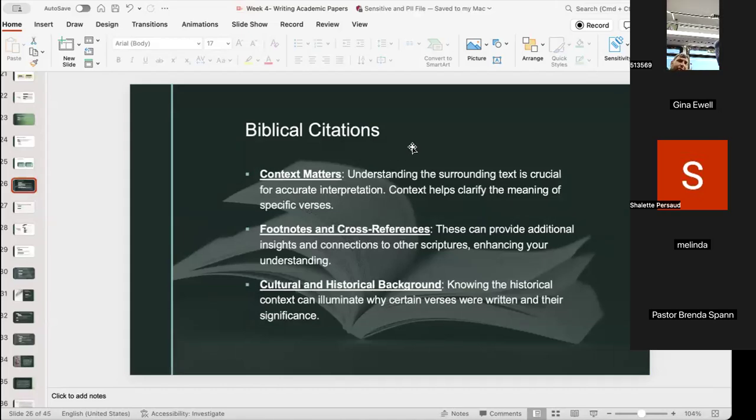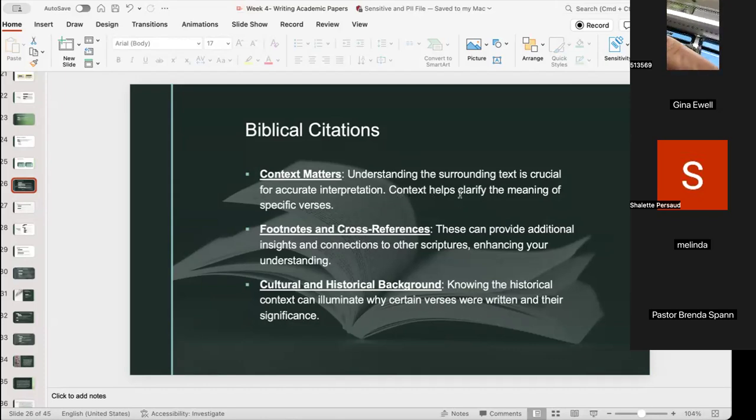So for biblical citations, there are some things that are important and not as important if they're not a biblical text. So the context matters. Understanding the surrounding text is crucial for accurate interpretation.